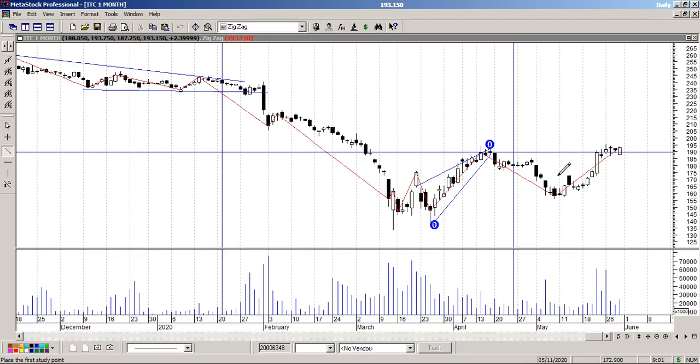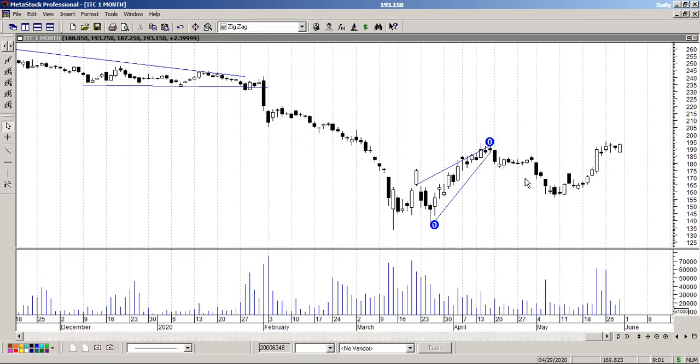Now I am using something which is not basically a pattern, but if you are into patterns, this is going outside your course, outside the topic. This is kind of a flag. I don't know whether you can see this. Even if you see a flag, change the chart to line.